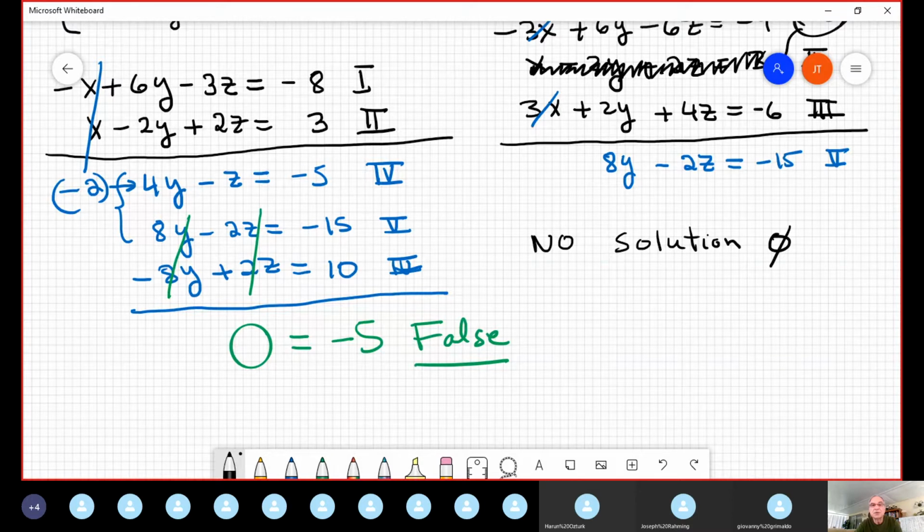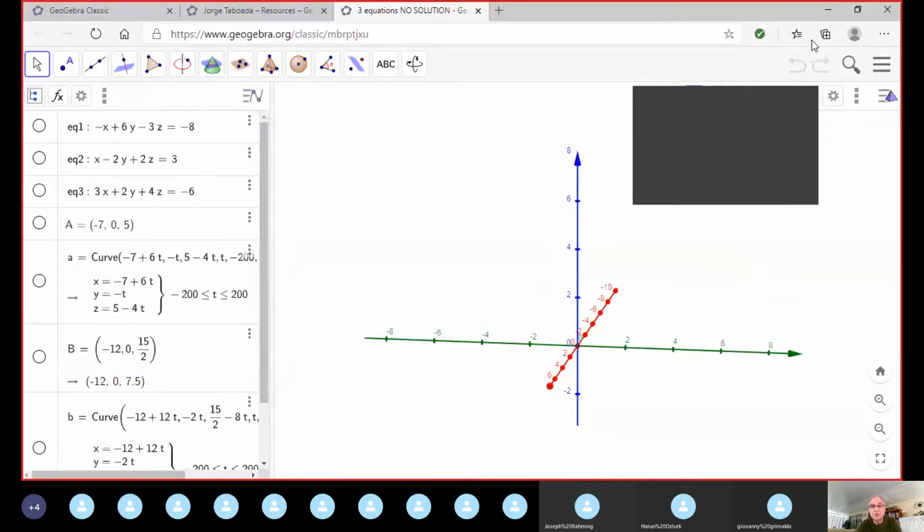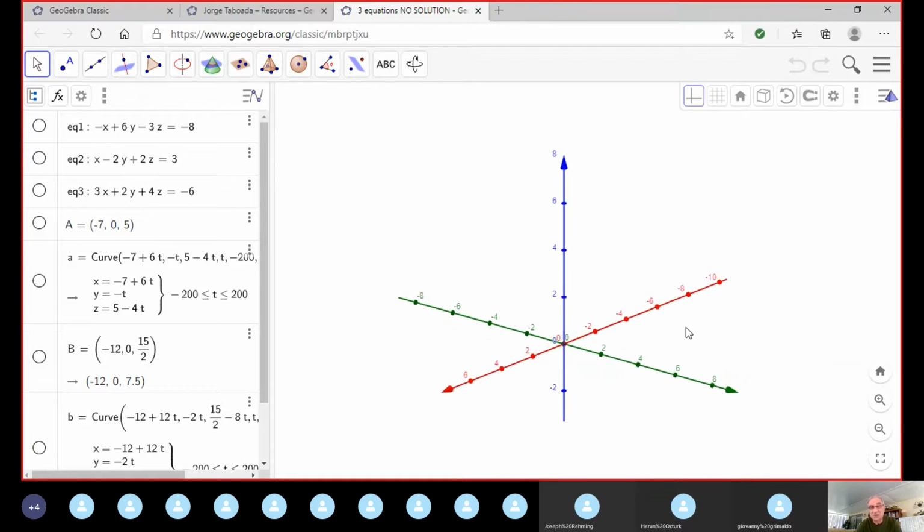This is GeoGebra. Remember that some students say, wow, interesting, beautiful. GeoGebra is similar to Desmos, but in 3D. It allows 2D and 3D. This is the axis in 3D. The red one is X, the green one is Y, and the blue is Z.